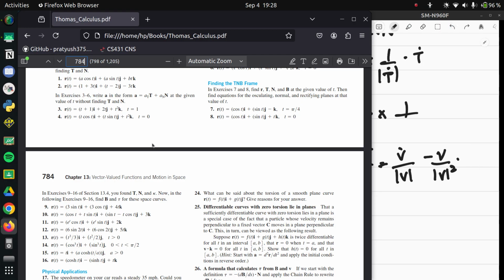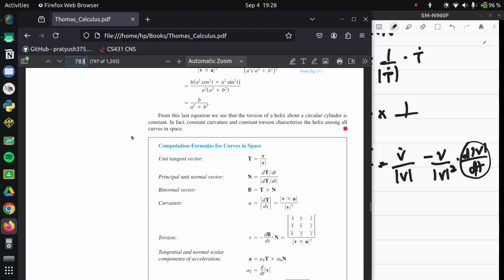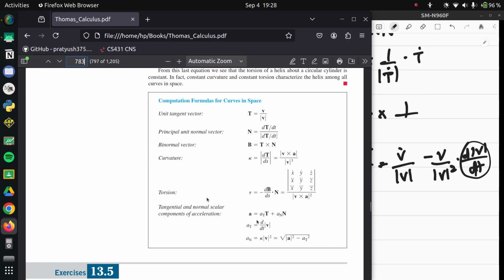It's not working. Okay, this we know. Yeah, the tangential acceleration is just that, but the tangential acceleration is also just a dot t, which is a vector dot the v vector upon magnitude of v. So you are saying this is equal to your d magnitude of v upon dt thing.